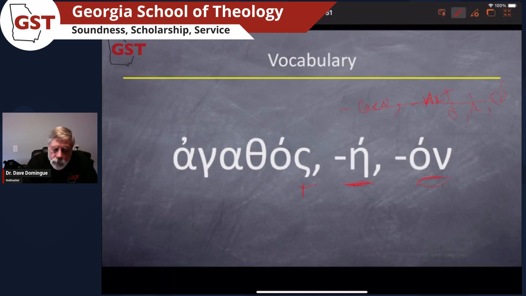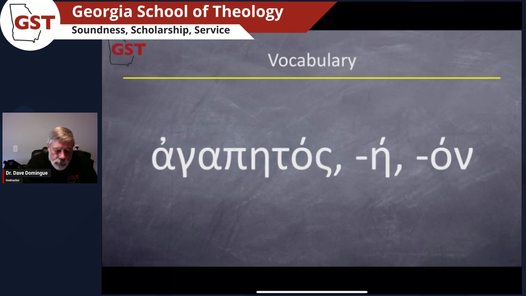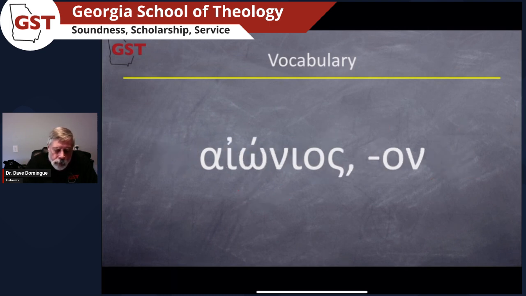Agathos, and that of course means good, right? We remember that. So good is an adjective, needs to agree with the noun it's modifying, so you have a lot of flexibility there. Same with agapetos, beloved. Agapetos, agapete, agapeton, right? Masculine, feminine, and neuter. Aionios. Now here's our 2-2 kind of thing. There's agathos and aionios and aionion.